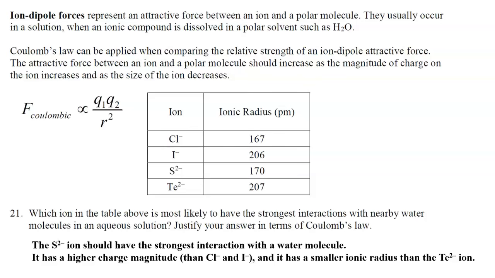This question has to do with ion dipole forces. Ion dipole forces represent an attractive force between an ion and a polar molecule. They usually occur in a solution when an ionic compound is dissolved in a polar solvent, such as water. Coulomb's law can be applied when comparing the relative strength of an ion dipole attractive force.